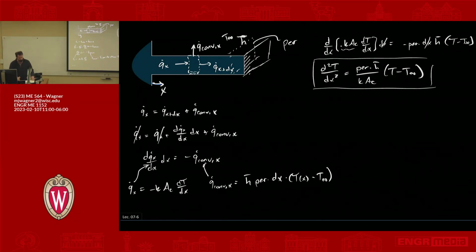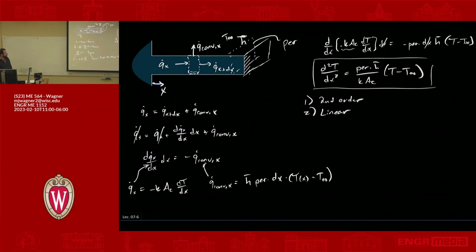This type of ODE is three things. It is a second order ODE. Second order means that there's a second derivative of temperature. Second thing, it is a linear ODE. What does linear mean?